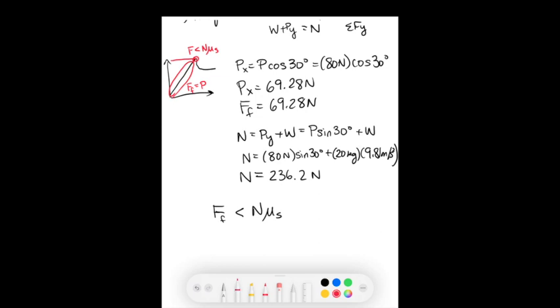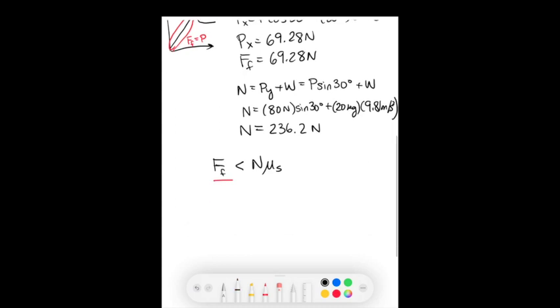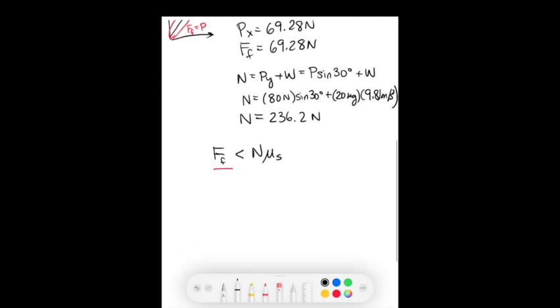If it turns out that F is greater than that, it means that the force is enough to overcome the friction force and the box will start to slide. And therefore the crate is no longer in equilibrium. So we're going to check that this condition is met. So we'll solve.